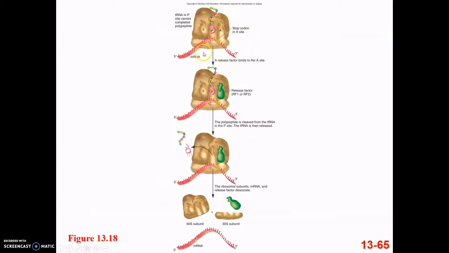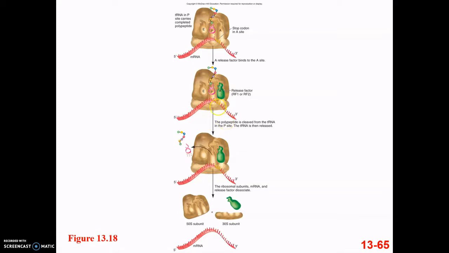So here's a picture of that. We have the growing polypeptide chain attached to the transfer RNA in the P site. There is no transfer RNA to come into the A site. So instead, we get release factor 1 or 2, or RF1 in the case of eukaryotes, that will fit into that space.